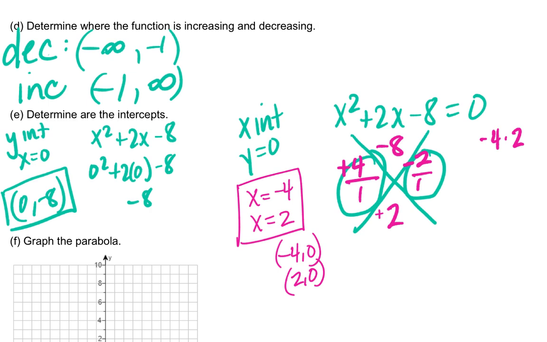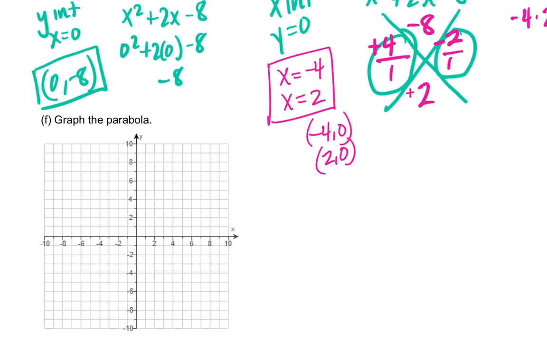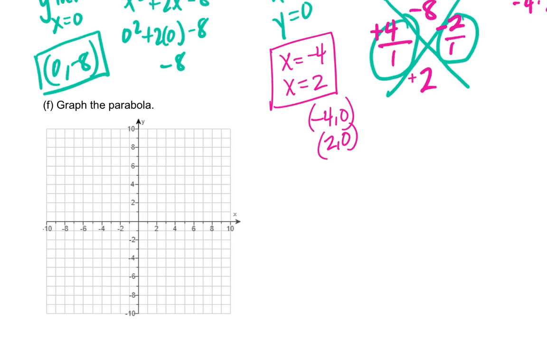So now I have all the points that are necessary to graph this. My axis of symmetry is at negative 1. So I'm going to do my axis of symmetry here, and then plot my points. I got negative 4, 0. I got 2, 0. I got 0, negative 8. And then my vertex was negative 1, negative 9.